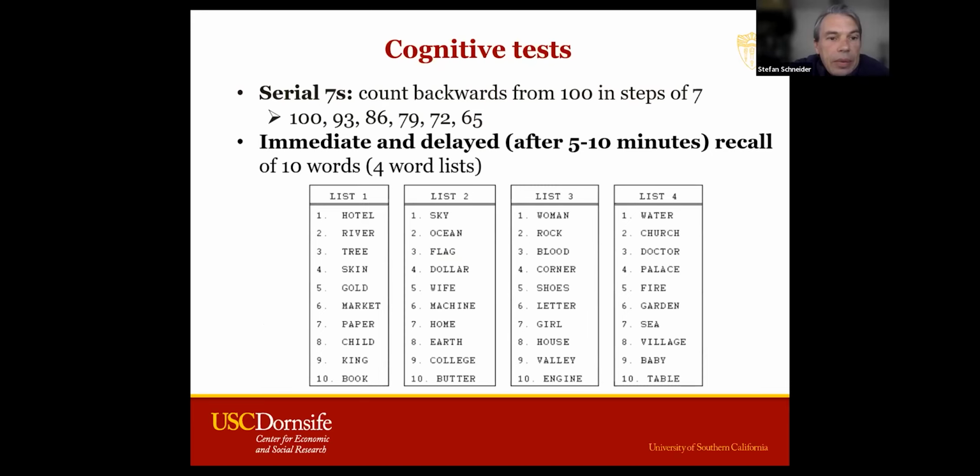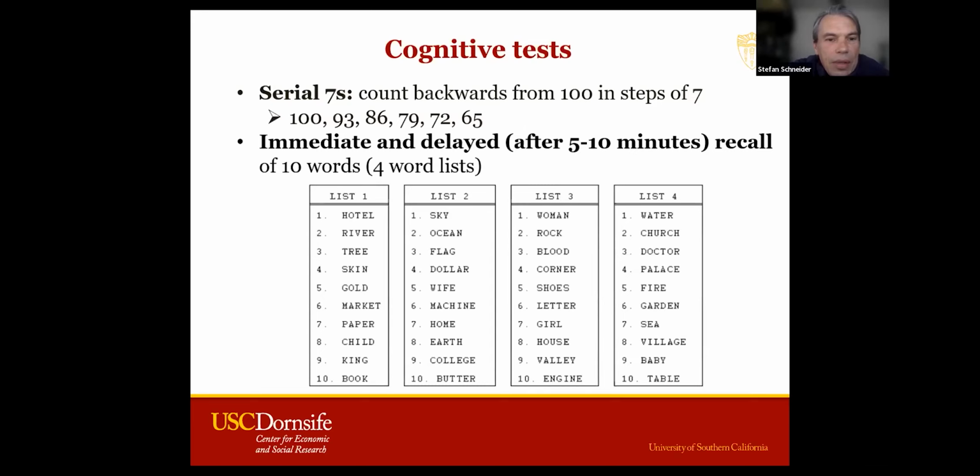This is a slide that shows two of the core tests that go into this categorization of people into cognitive status groups. You have the serial sevens, which is very quick, where people are supposed to count backwards from 100 in steps of 7. So that's 100, 93, 86, 79, 72, 65.